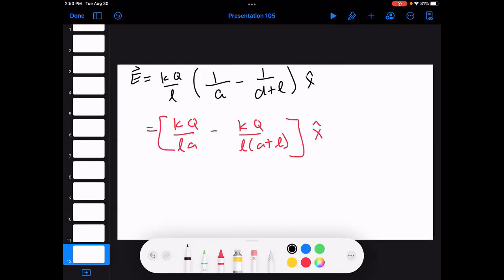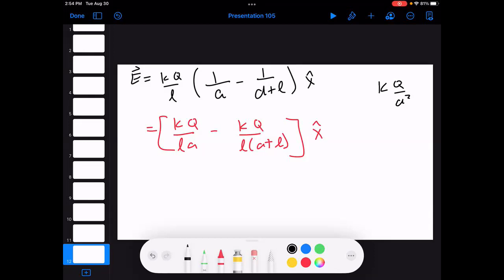Well, first off, do we have the right set of units on this? Are my dimensions right? I need a K times a charge divided by a length squared. Okay, so I'm pretty good there. Is this smaller than KQ over A squared?